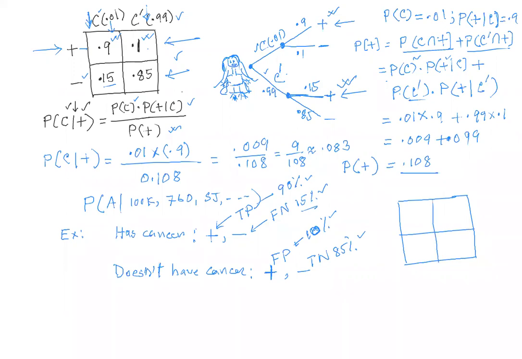Okay. So cancer, no cancer. Test positive, test negative. So has cancer, test positive, 90% or 0.9. Has cancer, test negative is 15%.